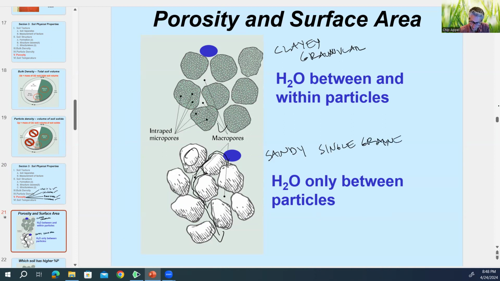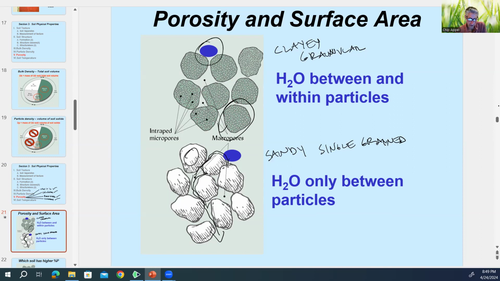Our single grains have about the same size as our clay soil that has the granular structure. The difference is that single grain soil is solid particles, whereas our granular clay soil has these granules that are composed of a bunch of tiny clay particles. And therefore, since these are not solid, there's pore spaces inside those structures.